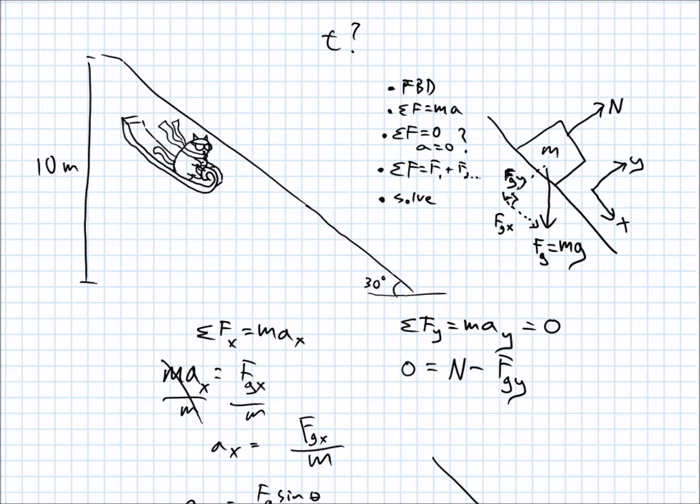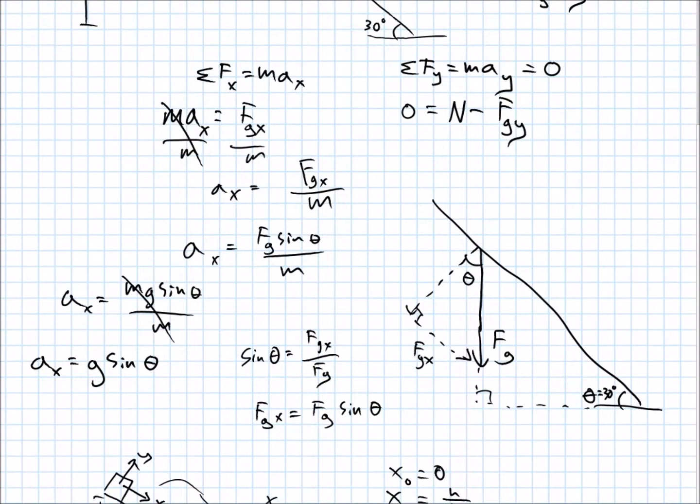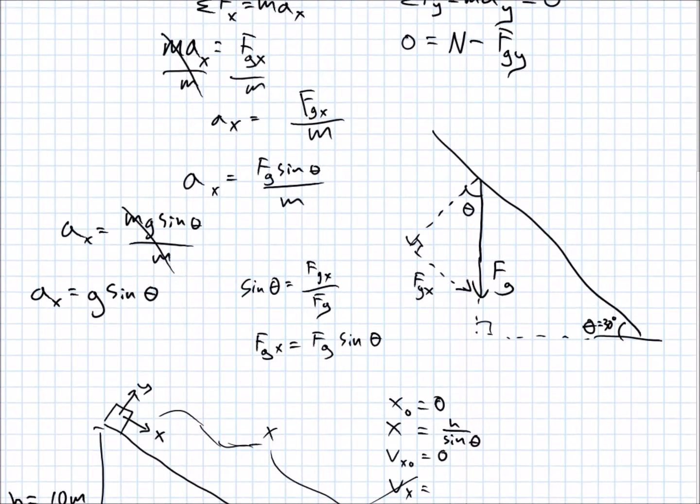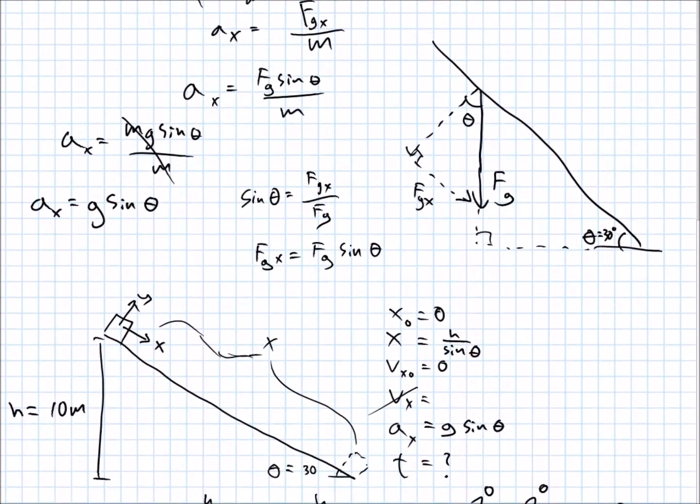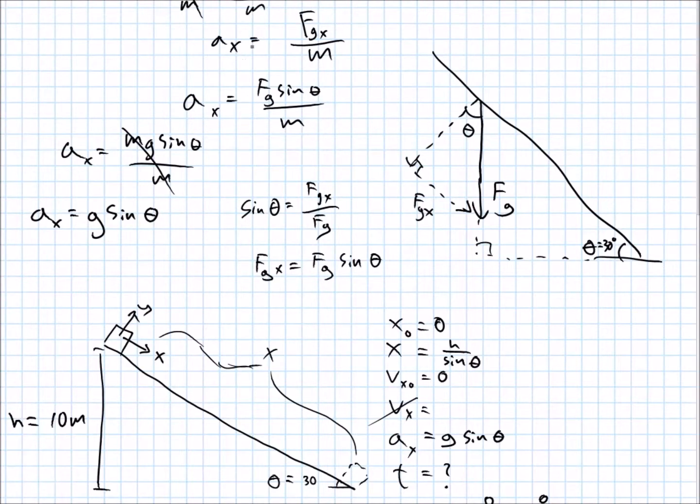It seems annoying and seems like it might be kind of hard to do, but if you think about it, the only thing that's in both kinematics and Newton's second law is acceleration, right? Here's the acceleration up here from Newton's second law, and here's acceleration in kinematics. It's the only thing right now that the two have in common, right? The only other things are force and mass in Newton's second law.